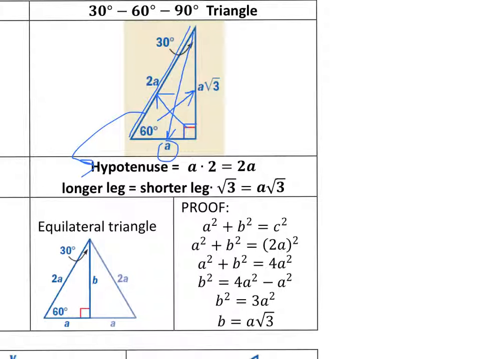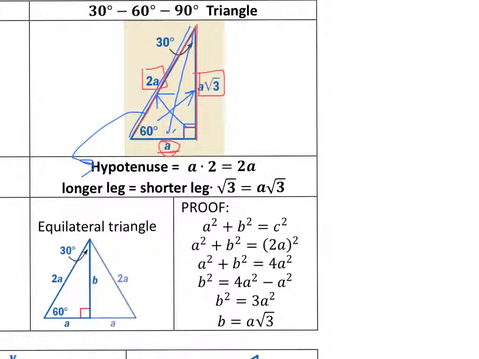In this case, we will first begin looking at the shortest length. To find out what the longest length is, we just double the shortest length, so 2a. To find out the length of the next longest, we would simply take a and multiply by the square root of 3.